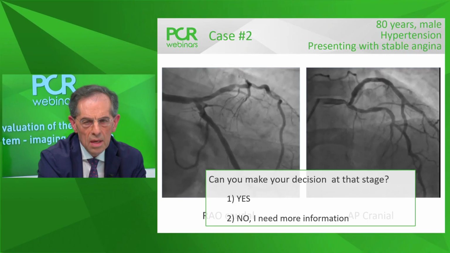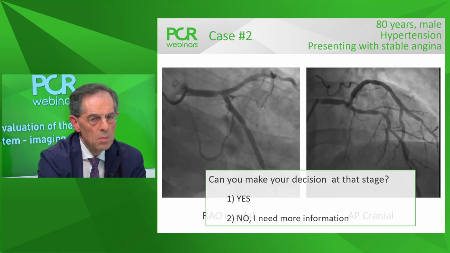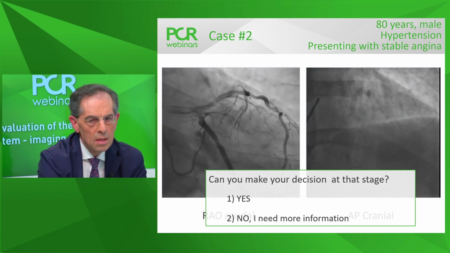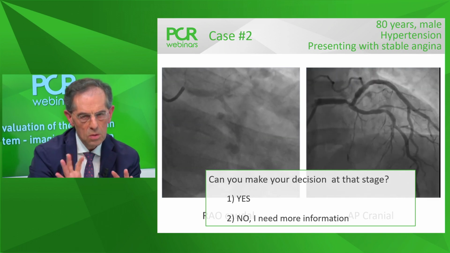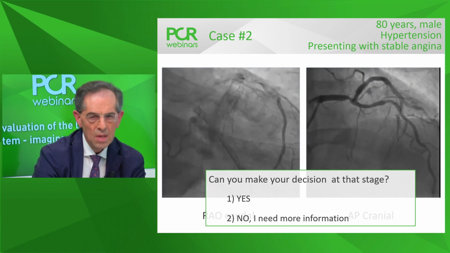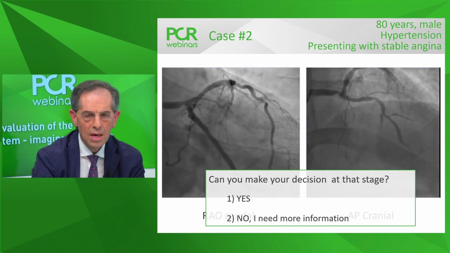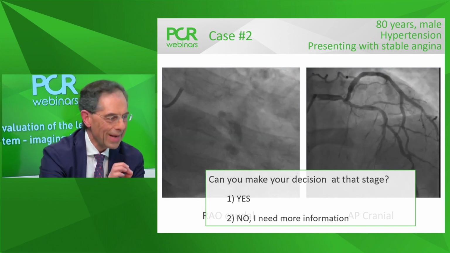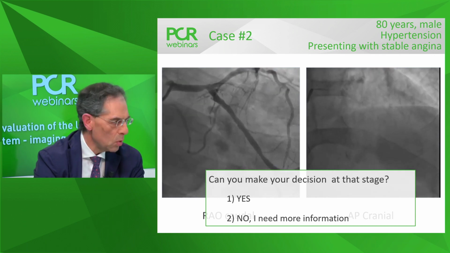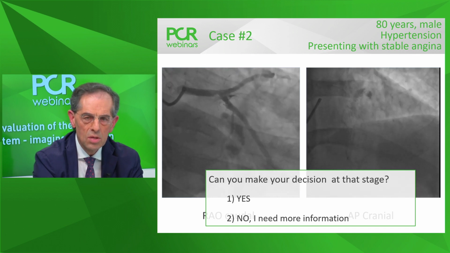I'm not sure that, having this patient on the table, we would do differently from Gabor. I think that there are two challenging aspects. One is the multiple lesions on the LAD, and so probably we are going to assess in the same way, by having IV infusion of adenosine and a clear pullback to understand the different gradient of all lesions.